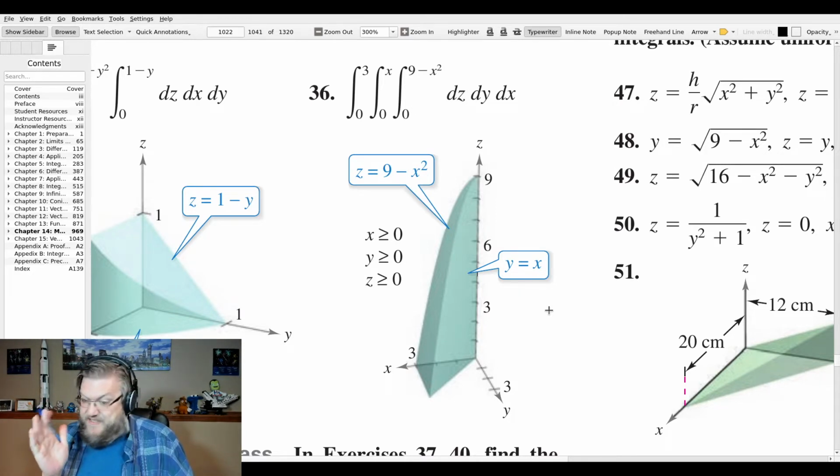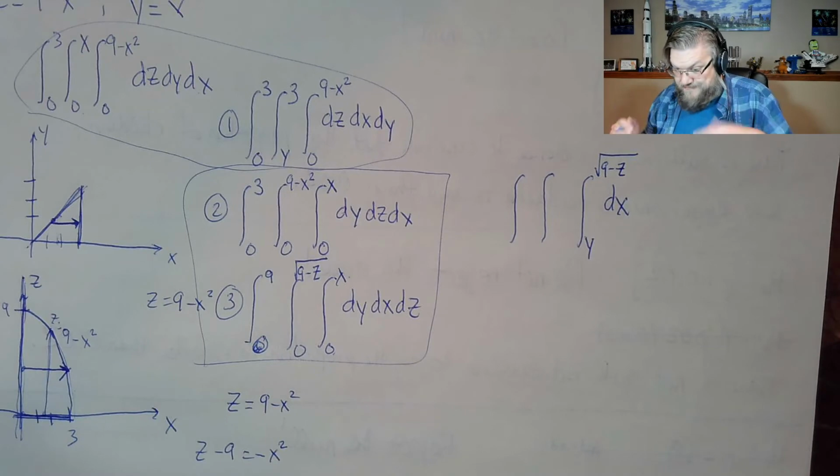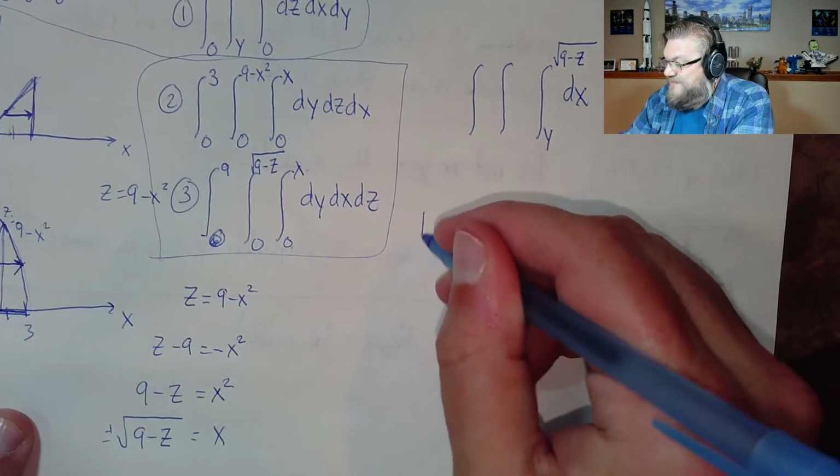Like this surface does not have anything in the xy plane except this little line. But remember, it's like a shadow being cast. So if I was to look at it from the left here, I would see that this is just a parabola in the yz plane. That's what it would look like. So that's pretty much the trickiest one we got there.